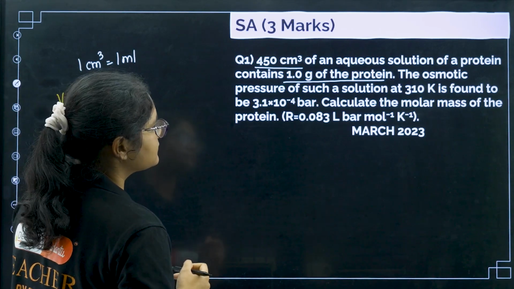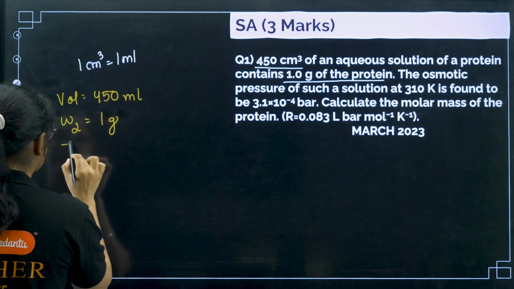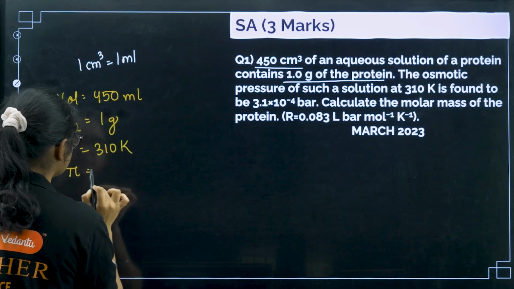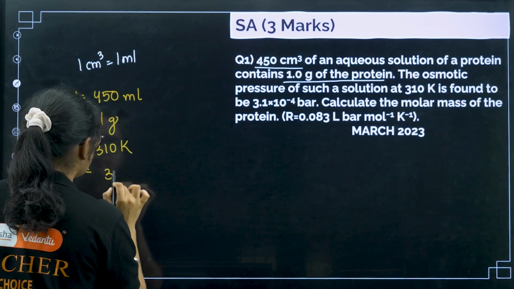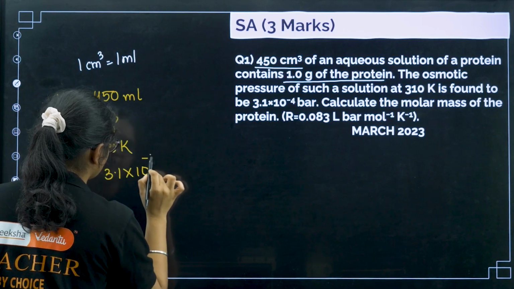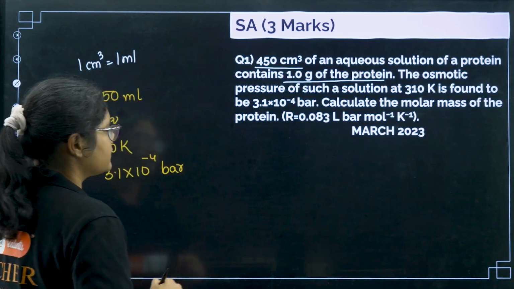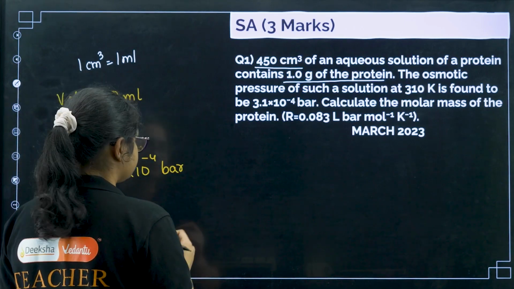Okay. Then osmotic pressure at 310 Kelvin. So temperature is 310 Kelvin. Osmotic pressure is 3.1 into 10 to the power of minus 4 bar. Then you have to calculate the molar mass. R value is also given.